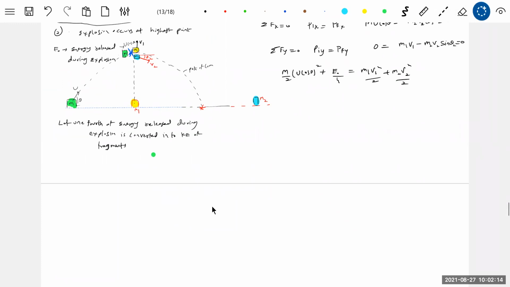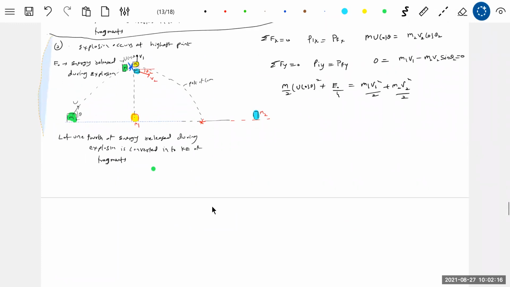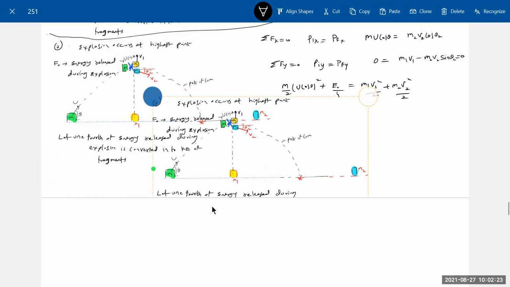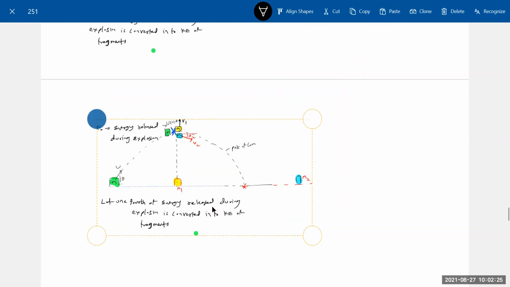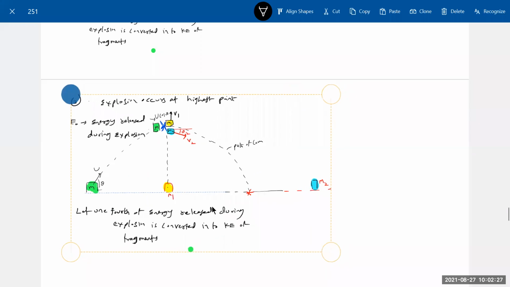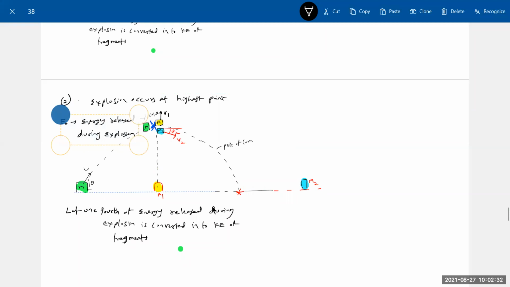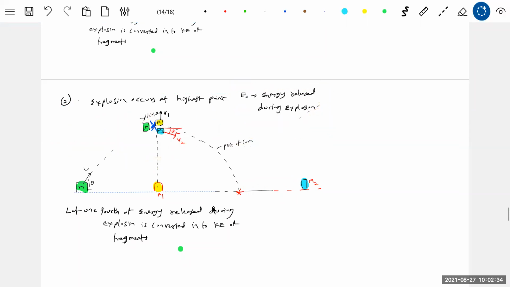Okay, I'll bring one more. It can happen that this V1... let me adjust this.